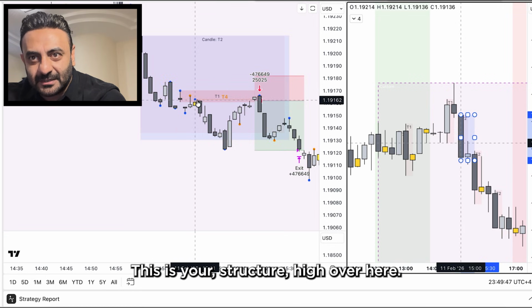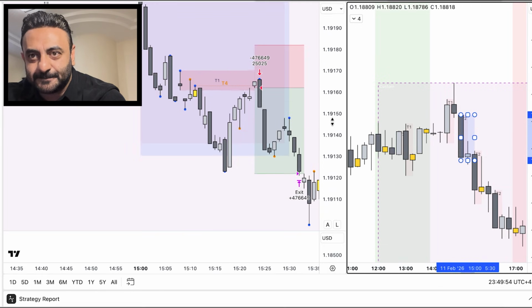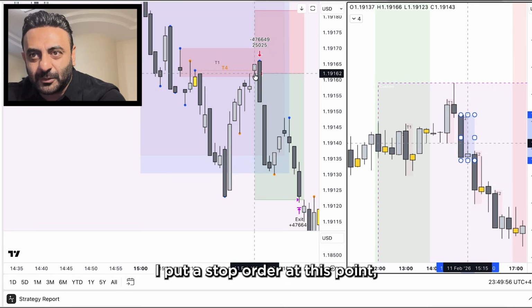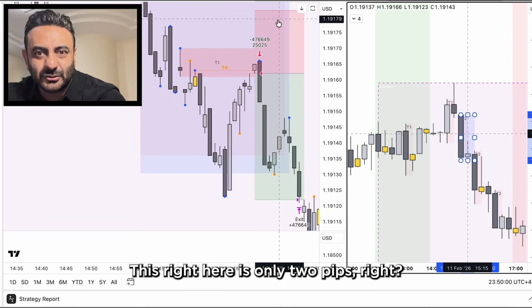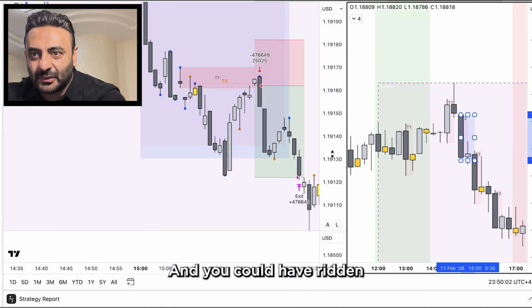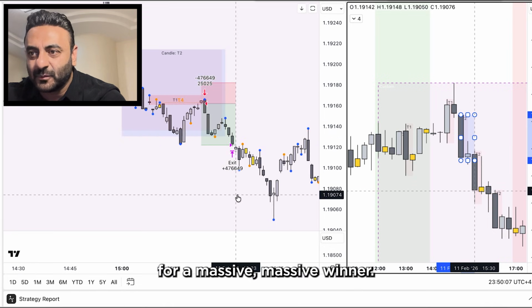This is your structure high. This got swept. I put a stop order at this point, covering the zone or covering the high. This right here is only 2 pips, and you could have ridden that down all the way for a massive, massive winner.